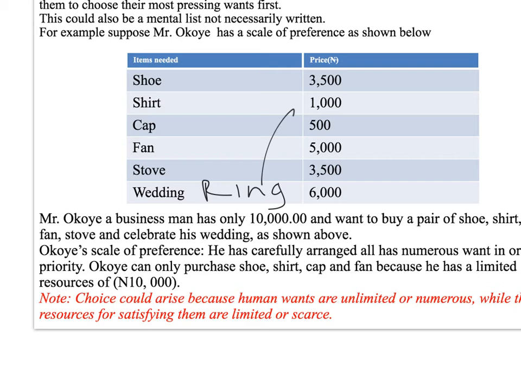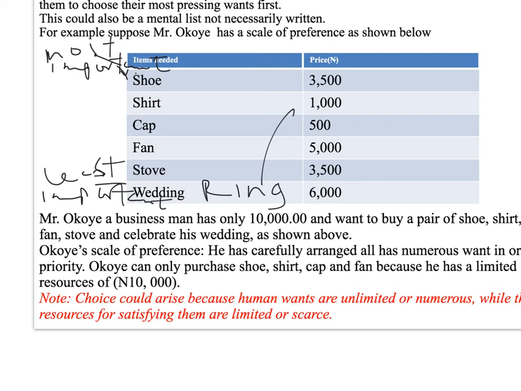From the way the list is drawn, we can see that Mr. Okoye's most pressing, most important need is the shoe. The shoe is his most important need, while his least important need is the wedding ring.